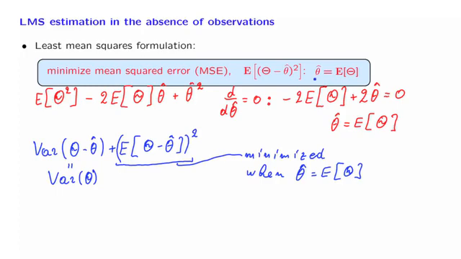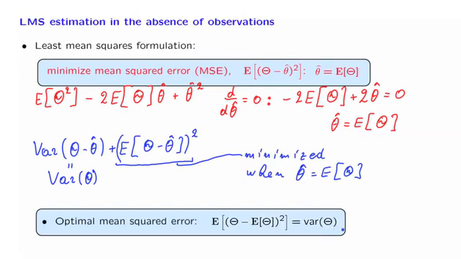Once we adopt this particular estimate, the mean squared error is going to be equal to this, because this is our theta hat, and of course we recognize that this is the variance. So the variance of theta is the least possible value of the mean squared error that we can obtain using any particular estimate. And this is our final conclusion. And in the next segment, we will exploit the conclusions that we found here and apply them to a more general situation.